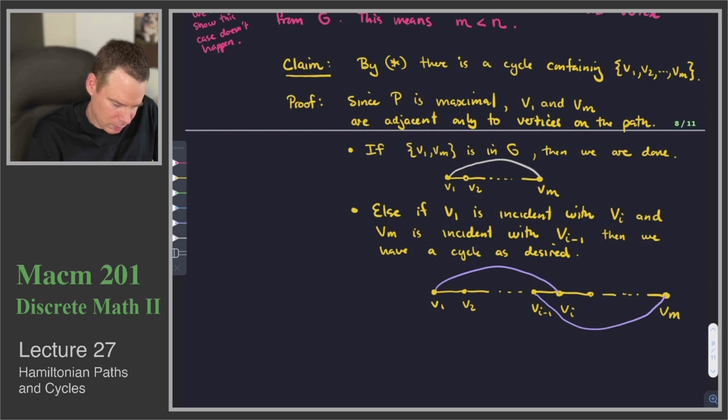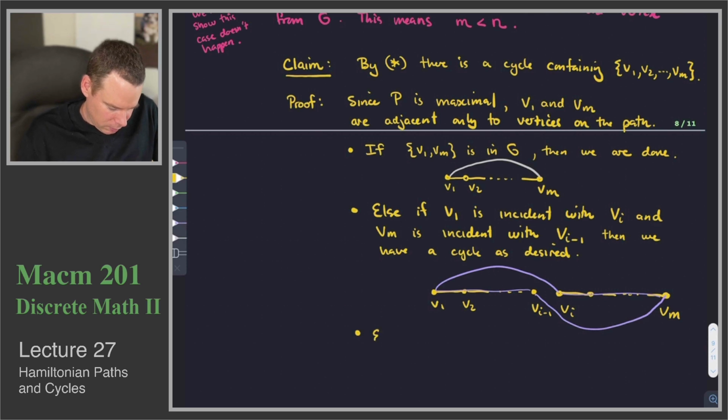And so that gives us a cycle because we could just delete the edge between Vi and Vi minus 1, and we see our cycle now. Goes around, comes back, and goes around. So there we get our cycle through our vertices. So that's another case we could have.